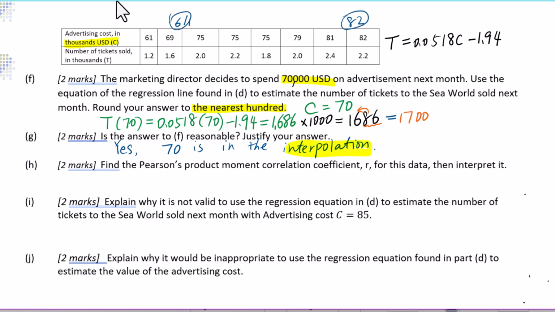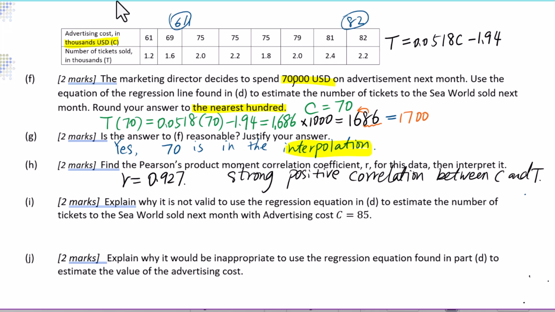H, find the Pearson's correlation coefficient R and interpret it. R equals 0.927. There is a strong positive correlation between C and T.